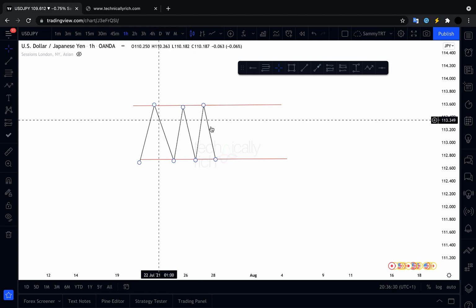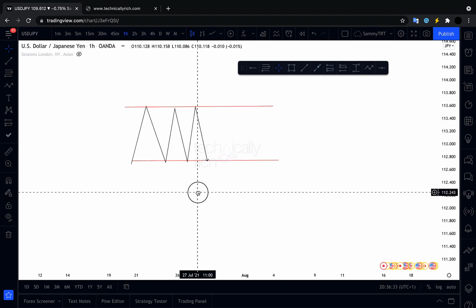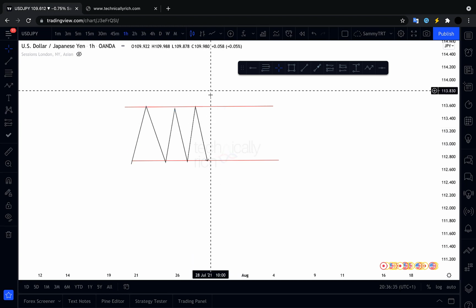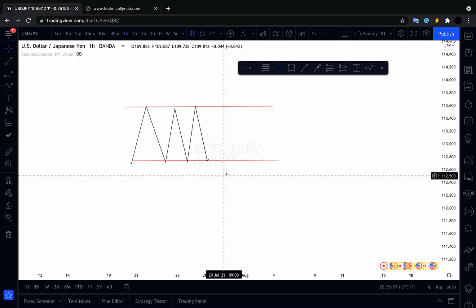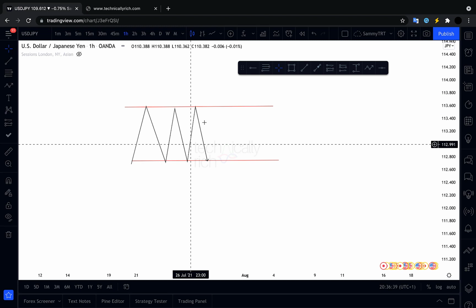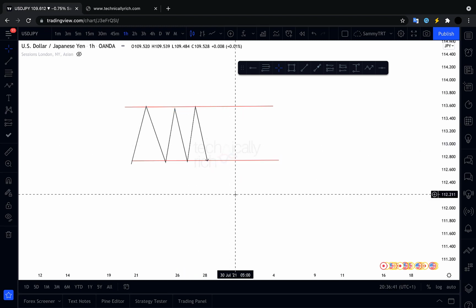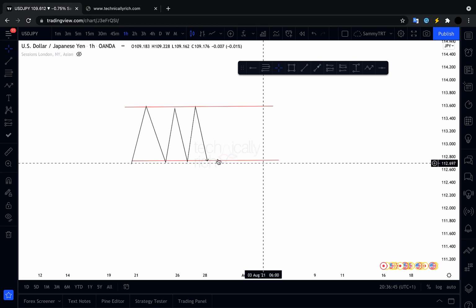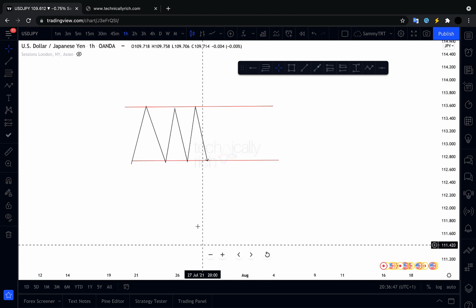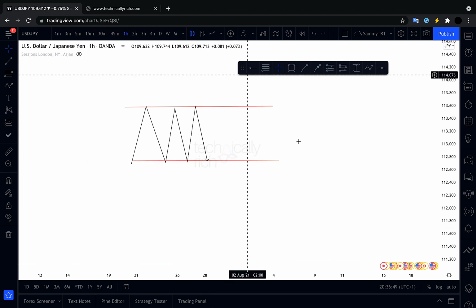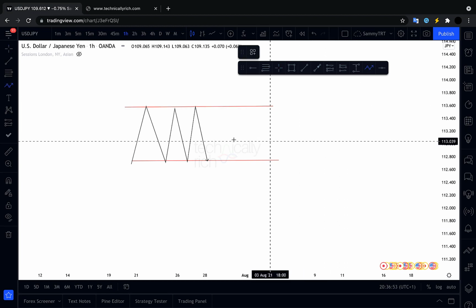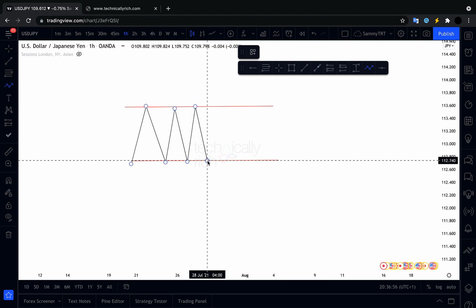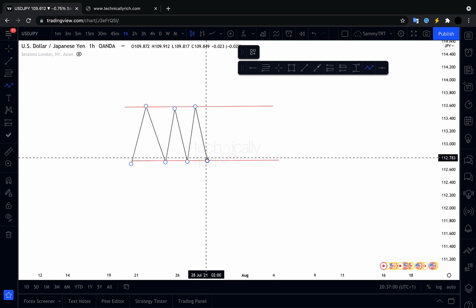The market is ranging, so we'll probably be looking for shorts and longs between these two zones, and then we are expecting a breakout, either to short to the other side of the market or to long to the other side of the market. For example, the retail guys would want to buy from here, right?